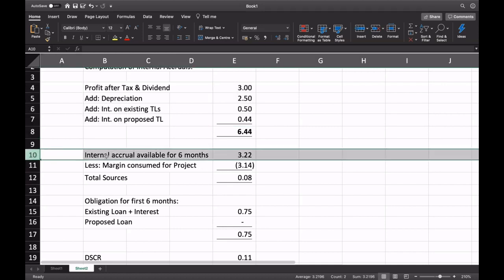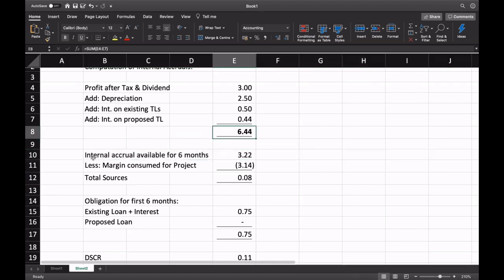If this is for 12 months, we can find out the internal accrual for 6 months. I've just taken this figure divided by 2, so 3.22. And we are saying the margin of 3.14 will be fully met out of internal accruals. So if I deduct the margin 3.14 from this 3.22, what is left over is only 0.08. This is the only source available now.